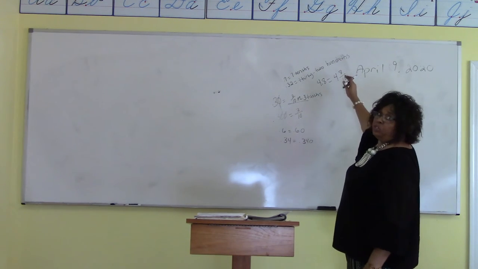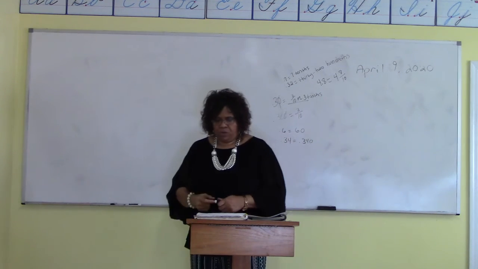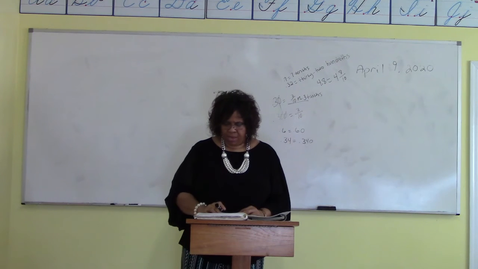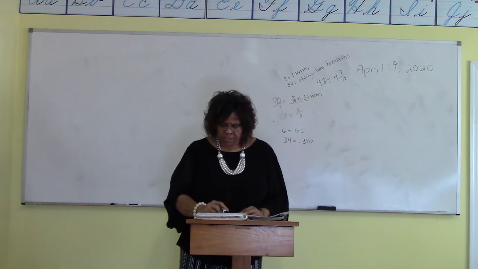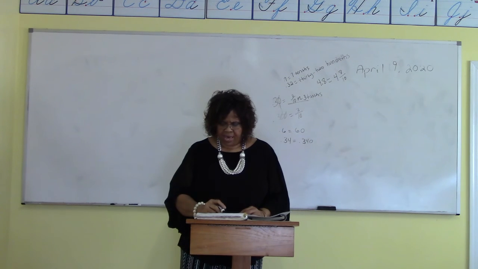Do not reduce that fraction. They do not get reduced when dealing with decimals, okay? Number 10 is solve these story problems, which you have 2 story problems, which is easy for you guys.